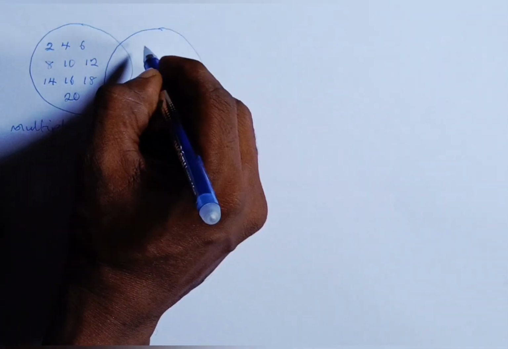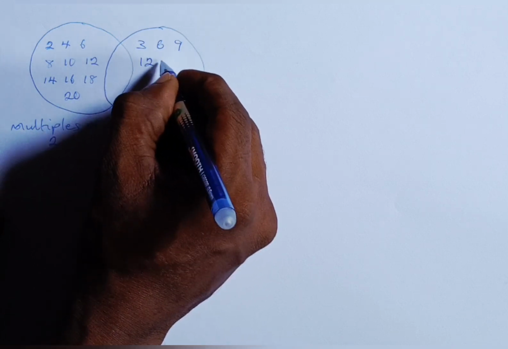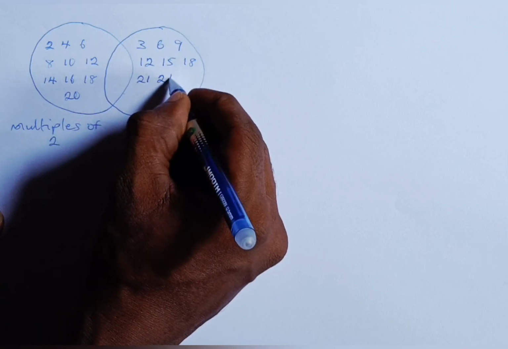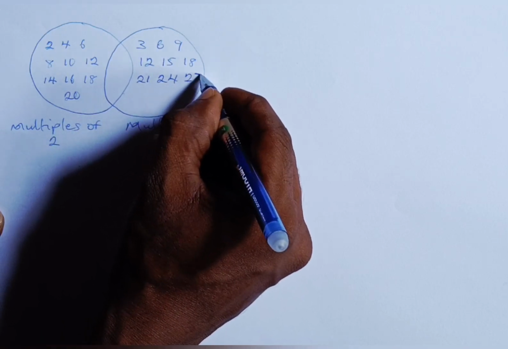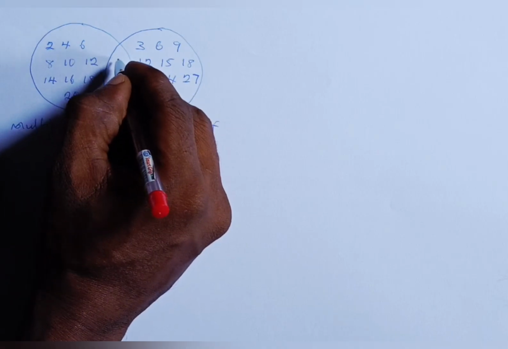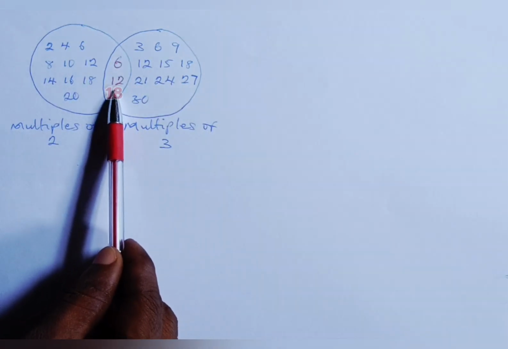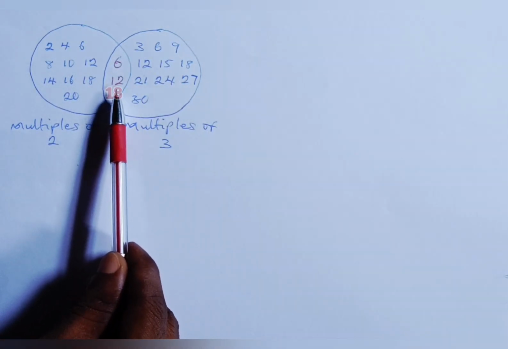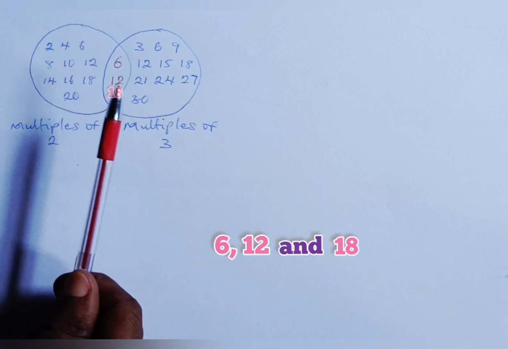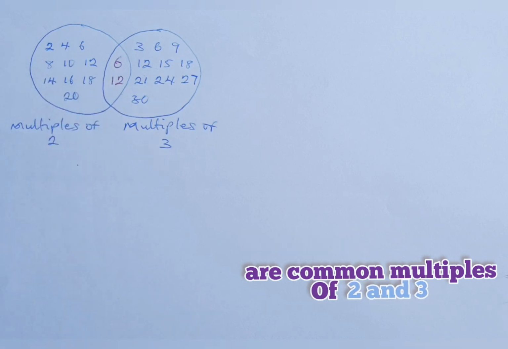And for the multiples of 3, we have 3, 6, 9, 12, 15, 18, 21, 24, 27, 30. See, these guys in the middle, they belong to both lists. They are called common multiples. They are the bridge between the two numbers.